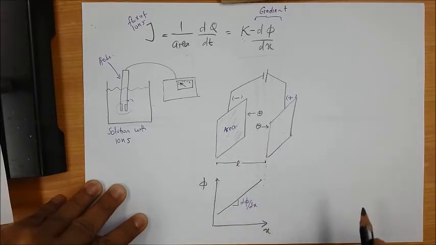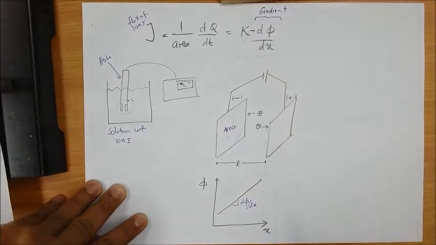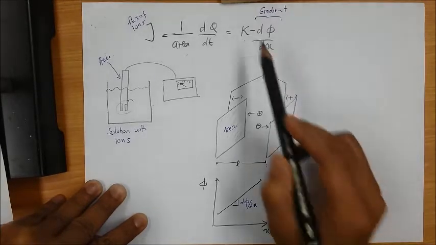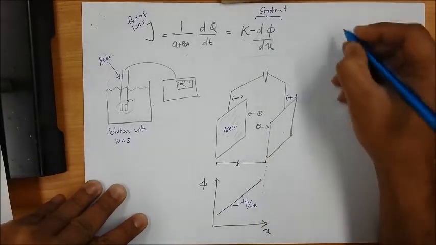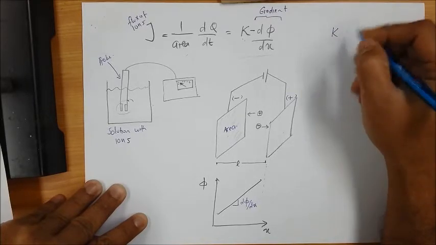They compensate. The opposite ion goes to the opposite side of charge. This is why you have the negative sign. And kappa here is the electrical conductivity.